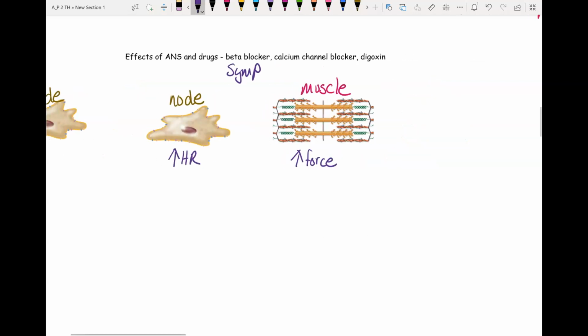And when you increase force, you increase stroke volume. SV is stroke volume. This is the amount of blood that the ventricle pumps into the artery per beat.